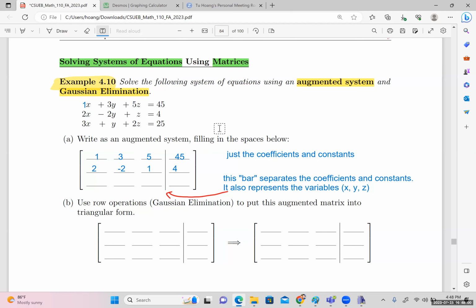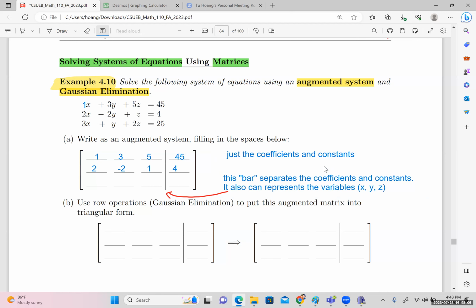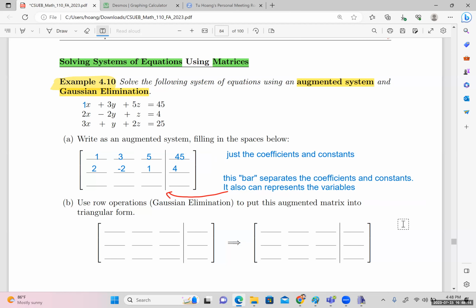I'm going to write the matrix, and I'll explain it later. The last row, we're going to have 3, 1, 2, and then 25.